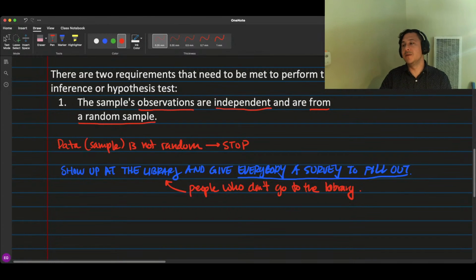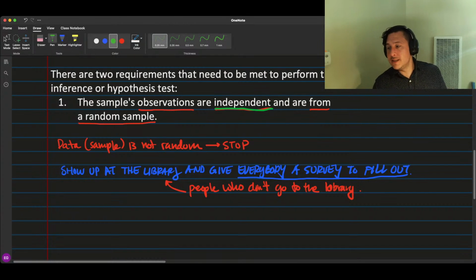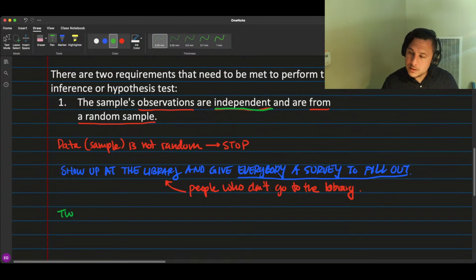The more confusing part of this is them being independent. What does it mean for the observations to be independent? The way you should think of this is that two observations... Actually, let's type this.